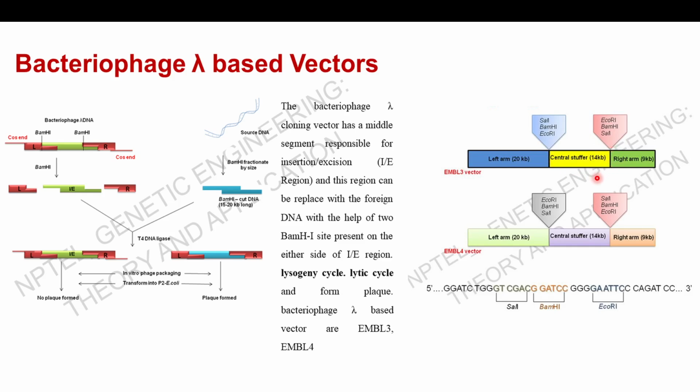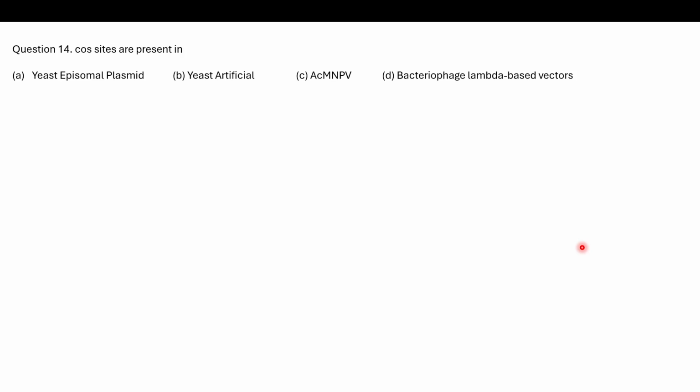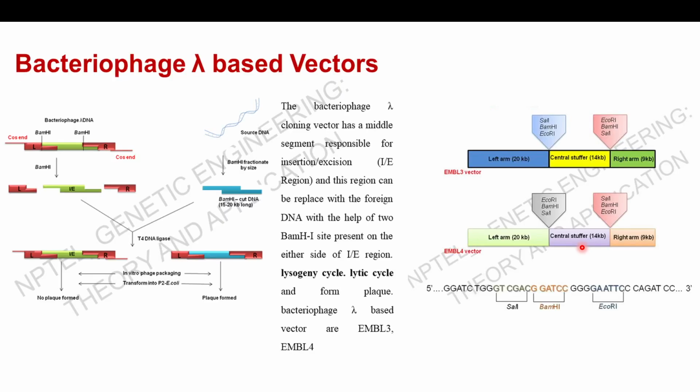When we want to put in our DNA of interest or any foreign DNA, we chop off this central stuffer area at these specific restriction sites, create compatible ends, and the foreign DNA can be inserted in this area. This is the concept on which the last two questions are based. In bacteriophage lambda DNA, these cohesive ends are the cos ends.